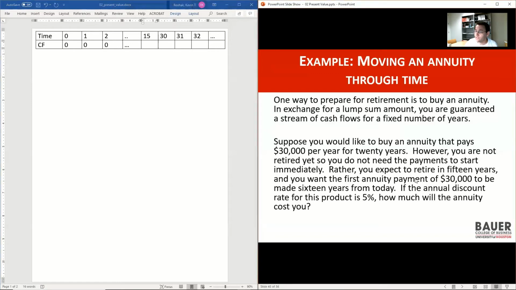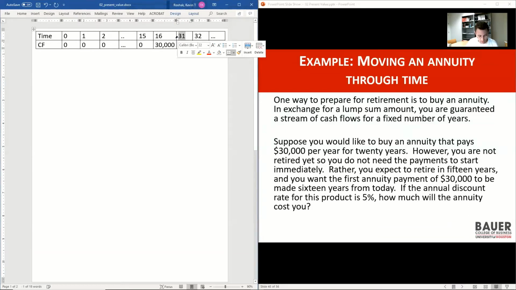You're going to retire in 15 years, and then you actually don't want a payment in year 15. You want the payment to be made in year 16. So even at year 15, you get 0 cash flow. The first payment occurs at time 16, and that's the first $30,000 payment. The annuity is going to go on for 20 years after that.